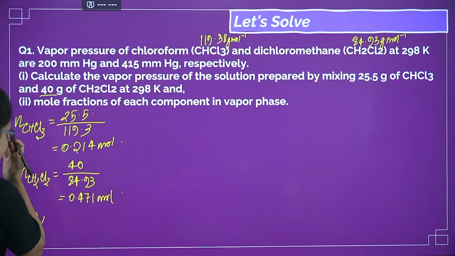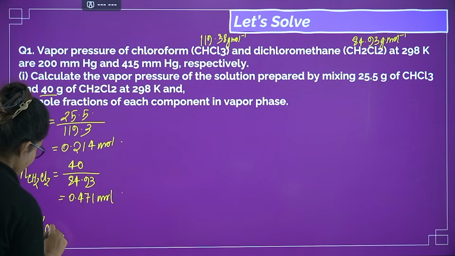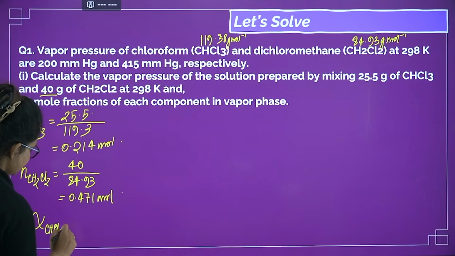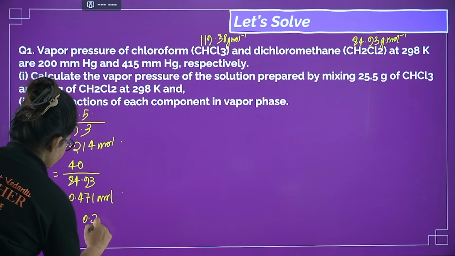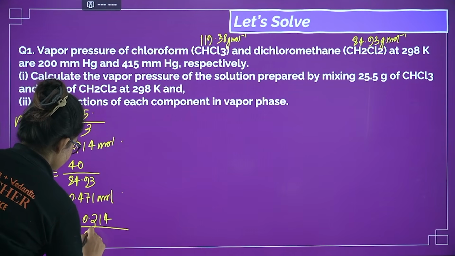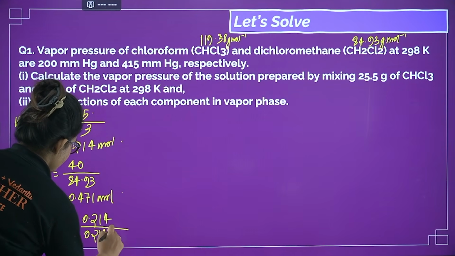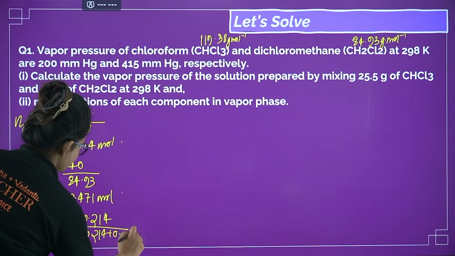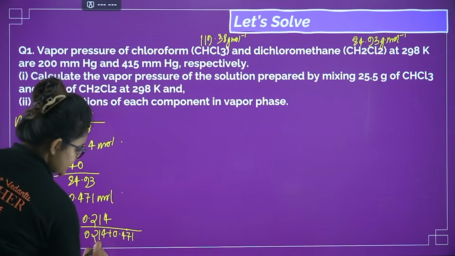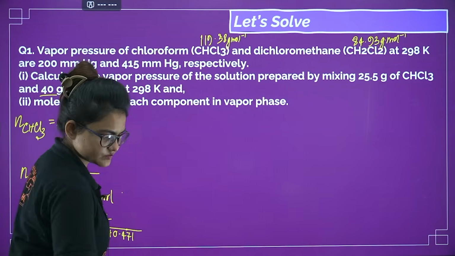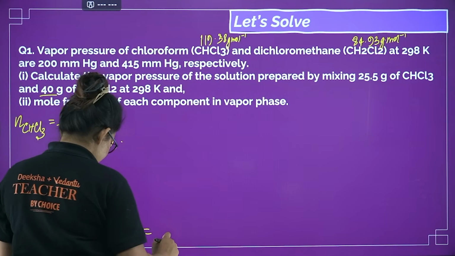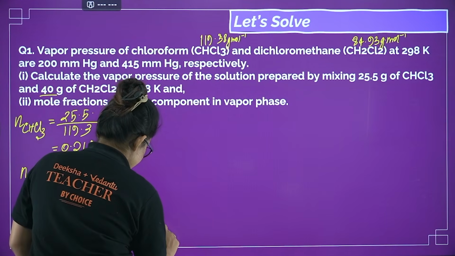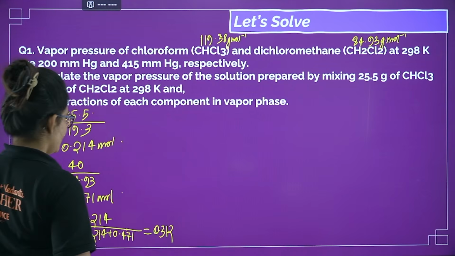Okay. So from here, mole fraction I can calculate. Mole fraction of CHCl3 is going to be 0.214 divided by 0.214 plus 0.471, right? That's going to give you something like 0.312.